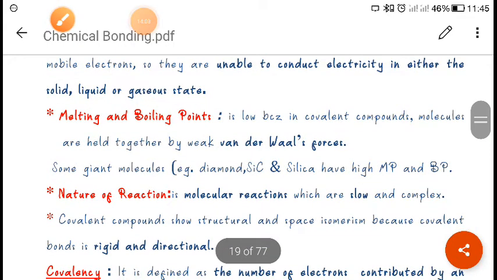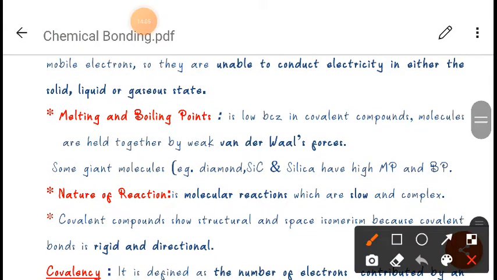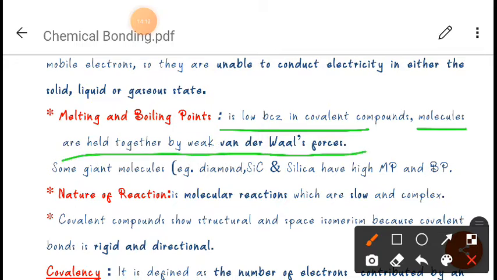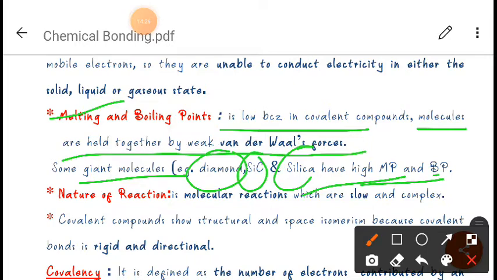Now next is melting point and boiling point. So melting point and boiling point will be low, okay, because in covalent compounds molecules are held together by weak van der Waals forces, that is why the melting point will be very low, okay. And some of the giant molecules just like diamond, SiC, silica, they have a very high melting point, okay.